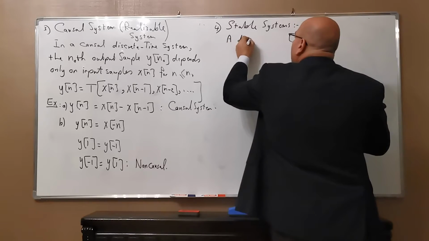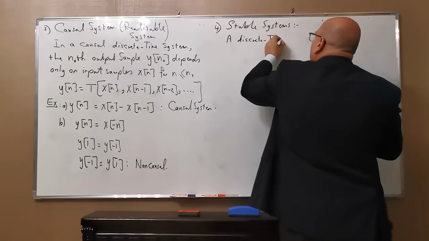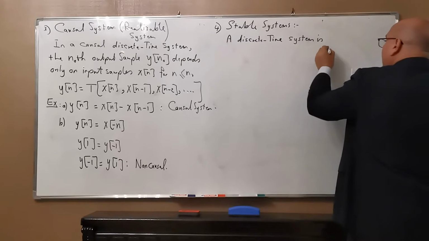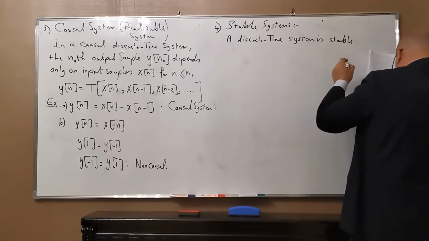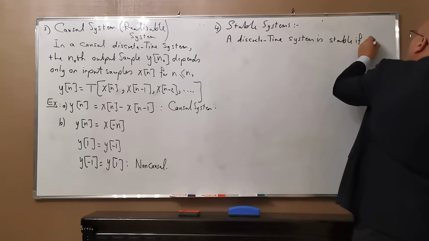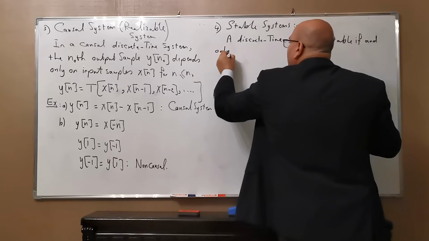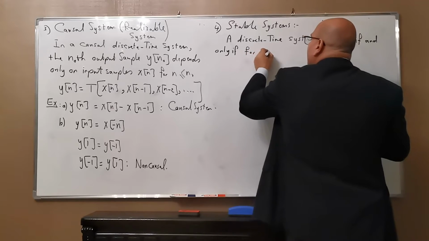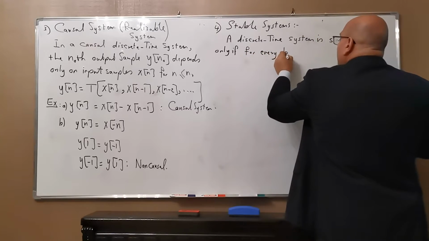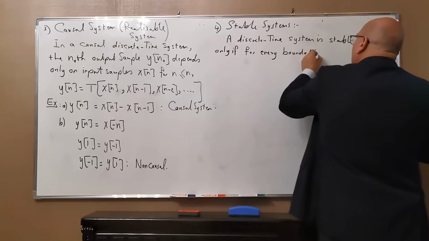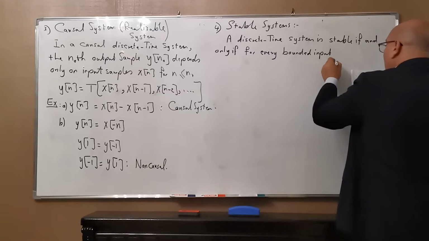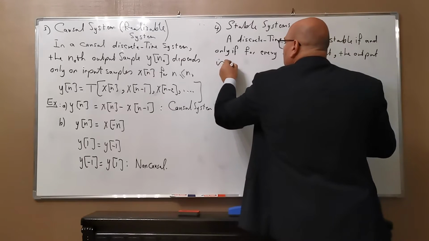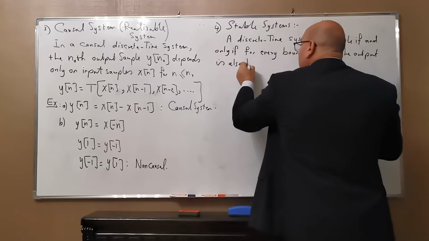A discrete time system is stable if and only if for every bounded input the output is also bounded.